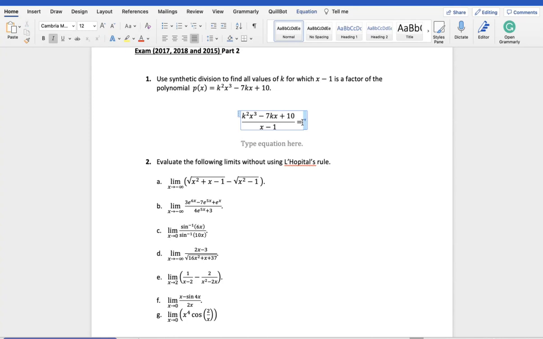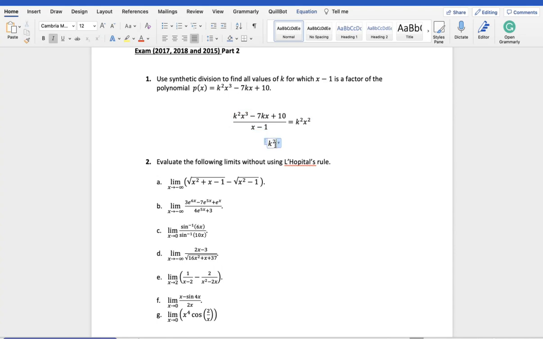If you divide k squared x cubed, where k is a constant, by x minus 1, you get k squared times x squared.